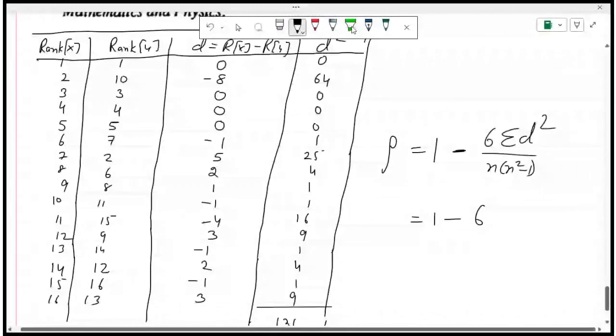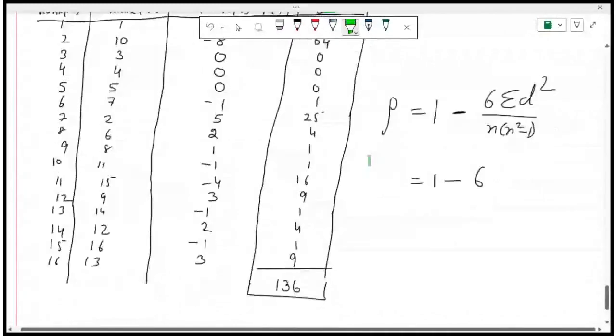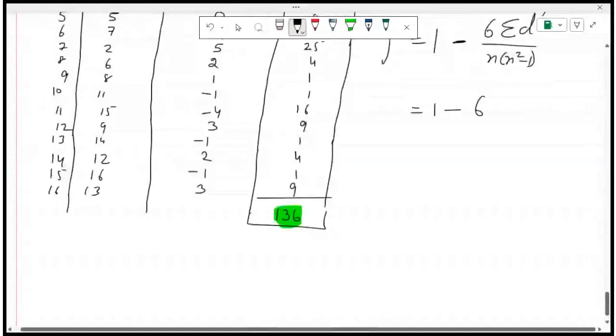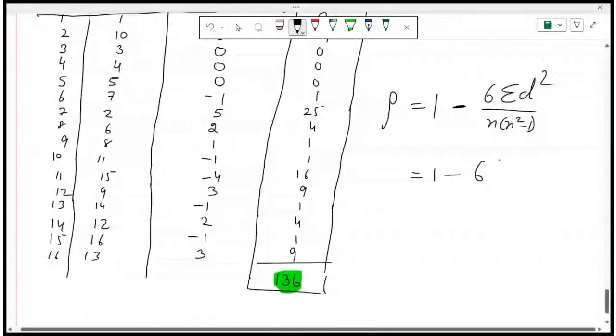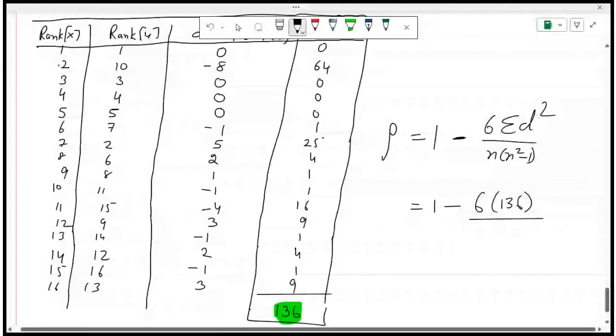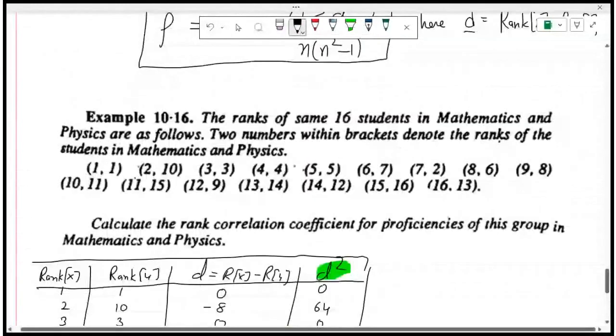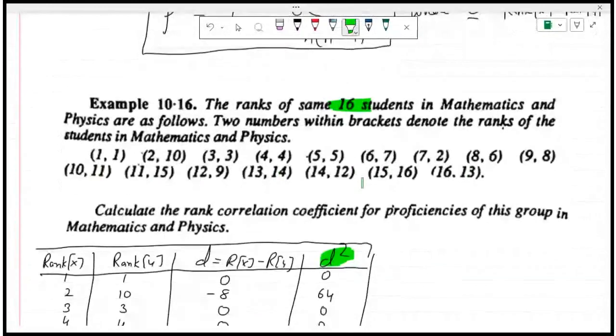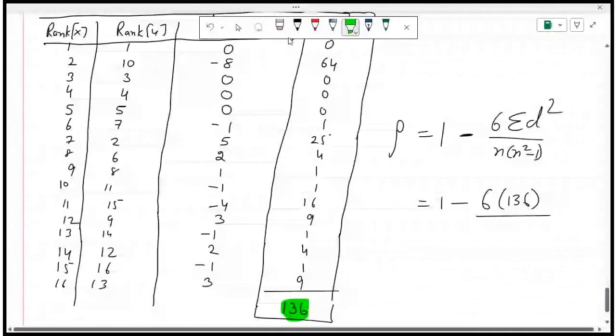Students, the sum of D square is 136, divided by n into n square minus 1. So what is n? How many pairs do we have? It is given in the question that this is the rank of the same 16 students, 16 values of Y. So n is 16.